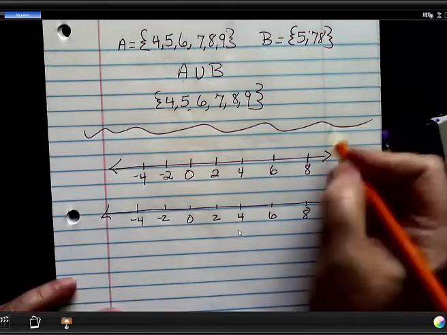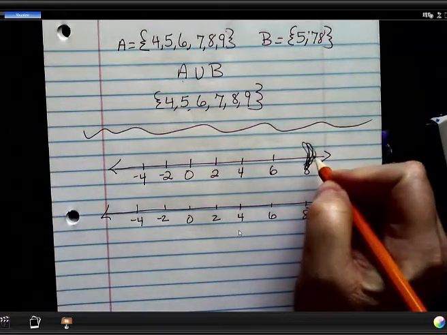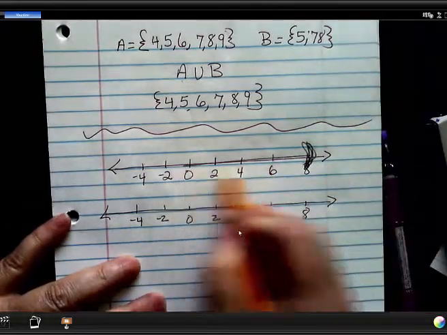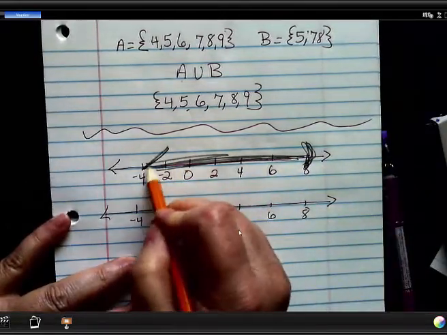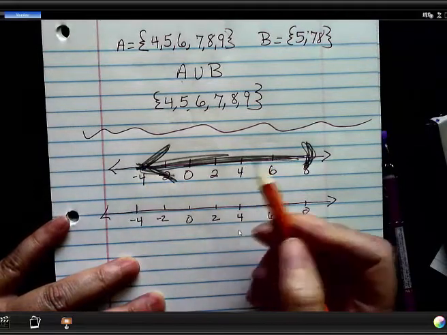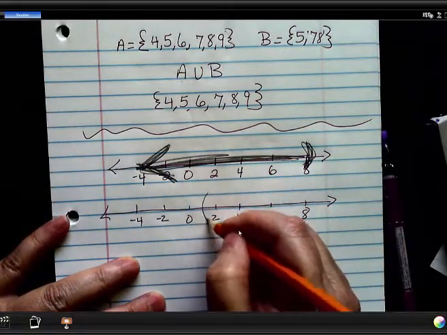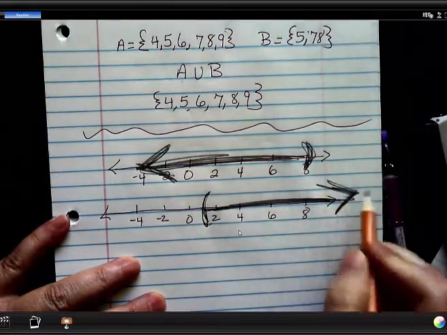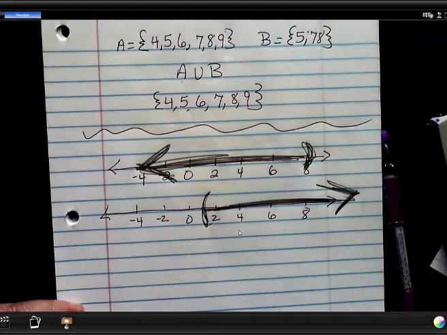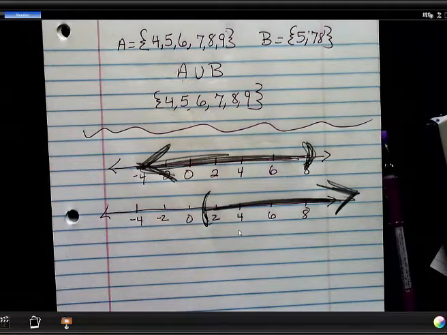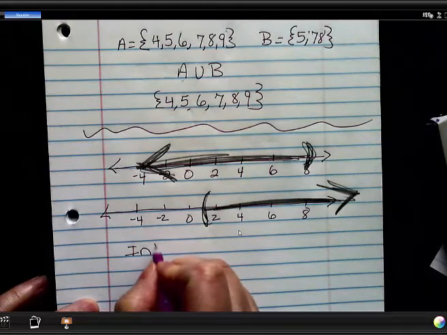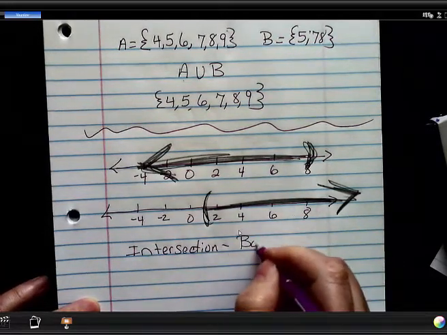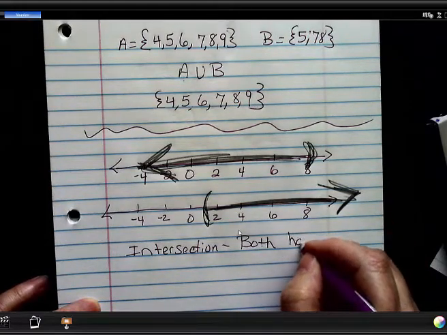Answer your phone. Say this one went like this, and this one went like this. And I want to know an intersection. Now remember, an intersection is what they both have in common.